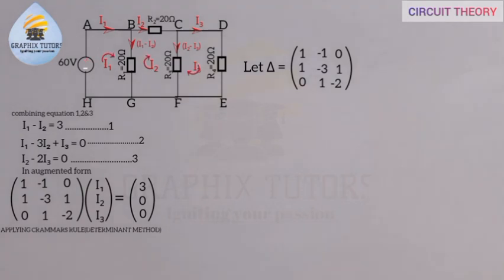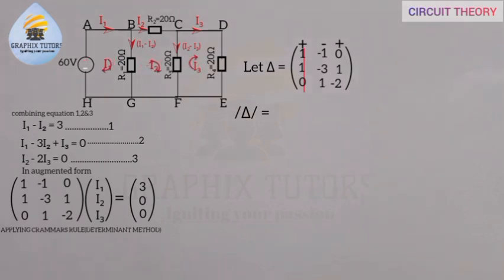Now we're going to look for the determinant of delta. I'm going to expand along the first row: the first position is positive, the second negative, and the third positive.